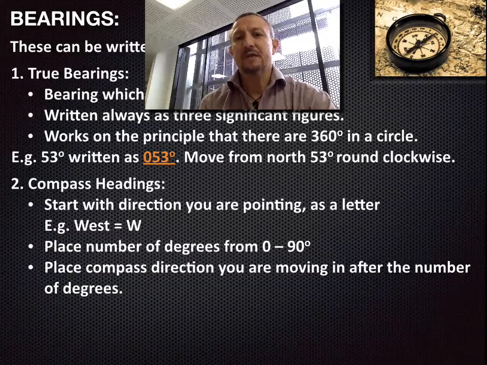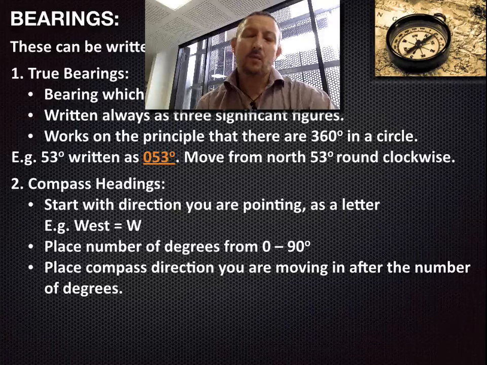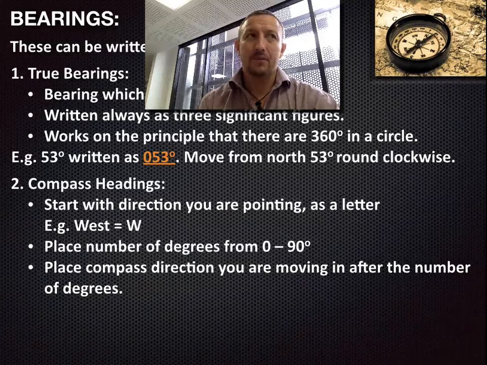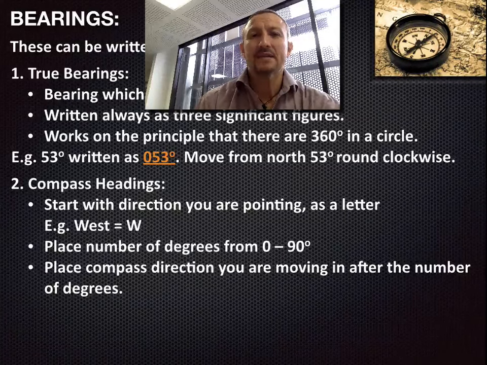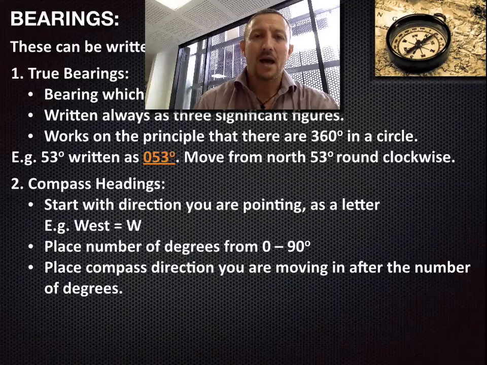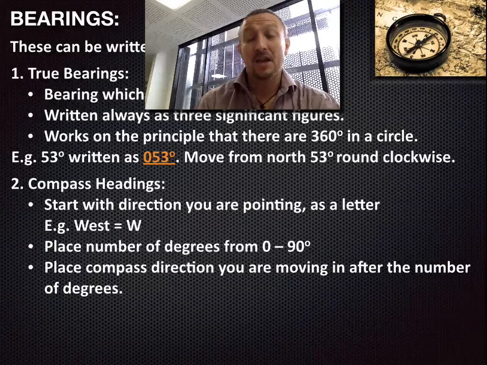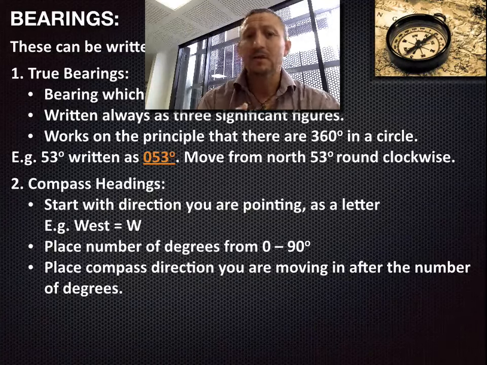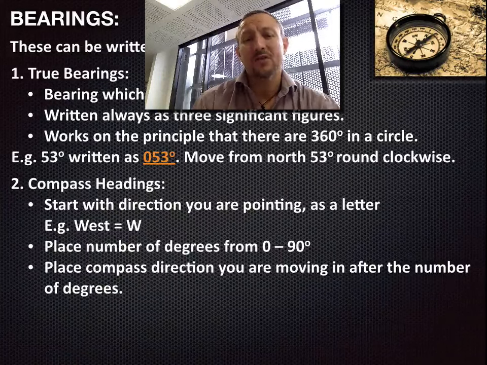Whether I'm moving clockwise or anti-clockwise will determine whether I'm going to be working towards the north, south, east, west, etc. So if I'm facing west and I move clockwise, then I will be moving in a northerly direction. If I happen to be facing west and moving anti-clockwise, then I'll be moving in a southerly direction. And of course there'll be an angle between 0 and 90.